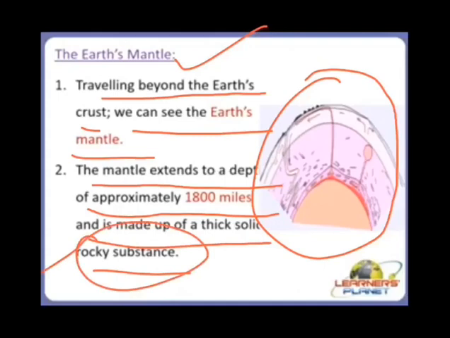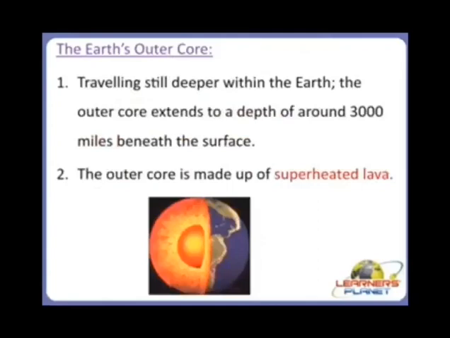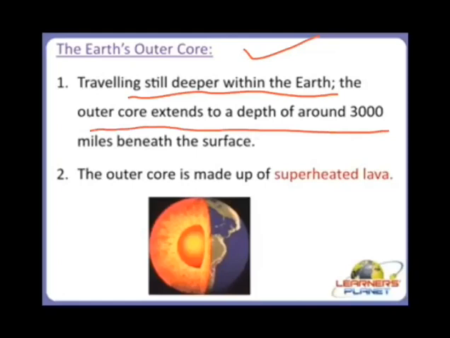Now the next layer after the earth's mantle is the outer core. So this is the earth's outer core. Traveling still deeper within the earth, the outer core extends to a depth of around 3000 miles beneath the surface, and the outer core is made up of superheated lava.